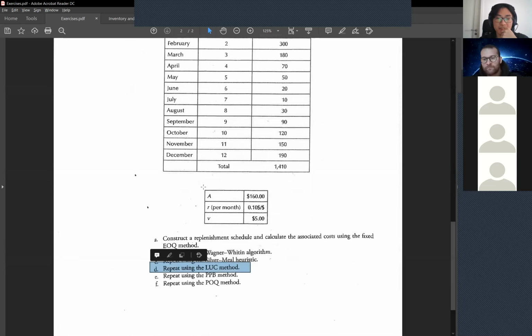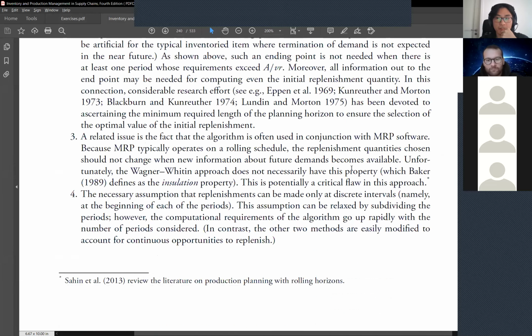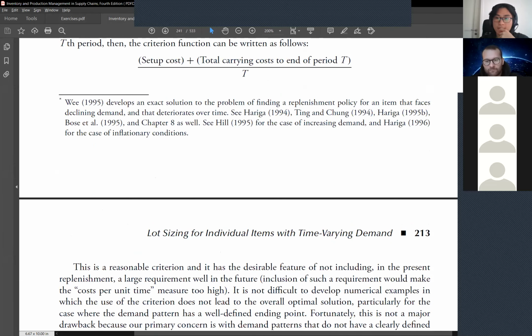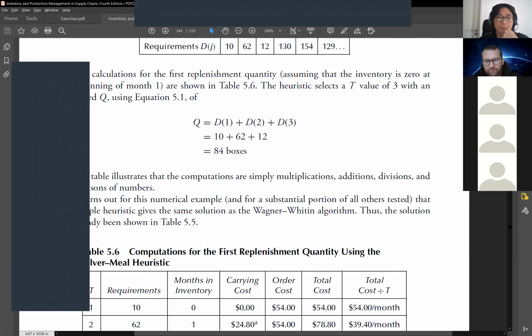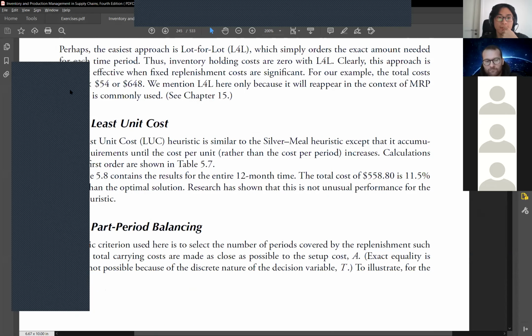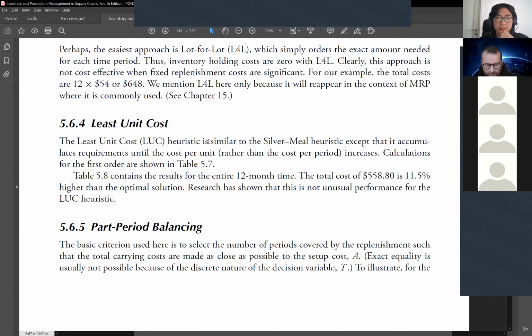And then the LUC model, the least unit cost. It's pretty clear that it's similar to the heuristic that we just mentioned before. Just the formula is a bit different. Before we calculated the average total cost per unit time, but here we calculate per unit.